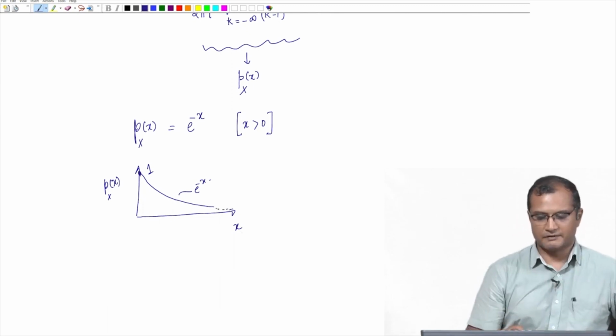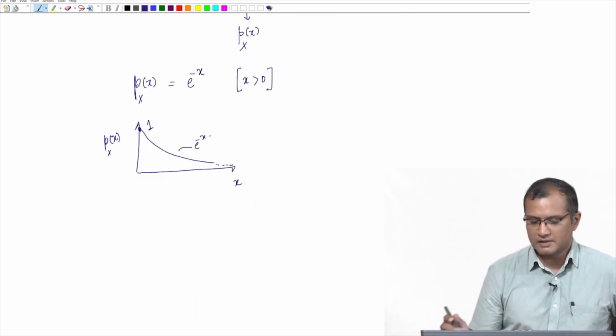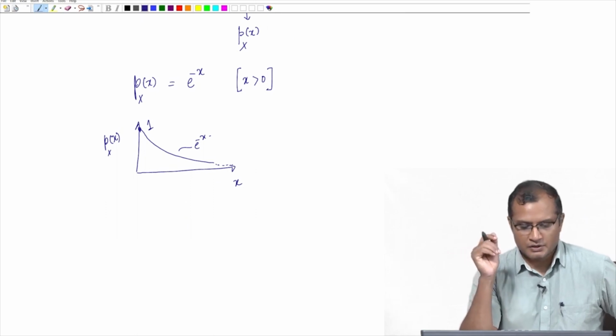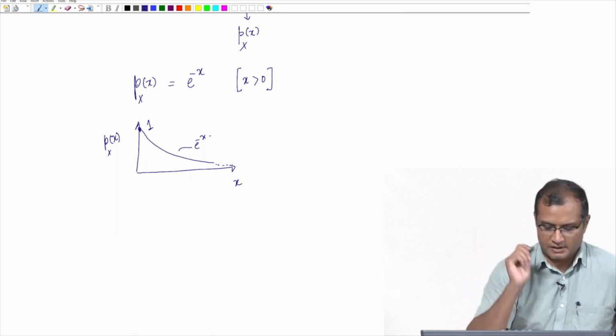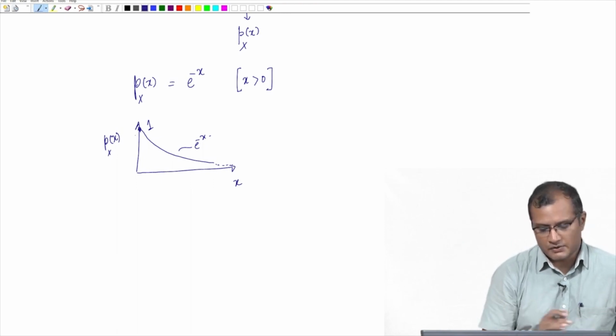So, this is a PDF. That is how you can construct a PDF knowing the behavior of the averages through the method of characteristic functions. So, we will end the class here and proceed from the next lecture.